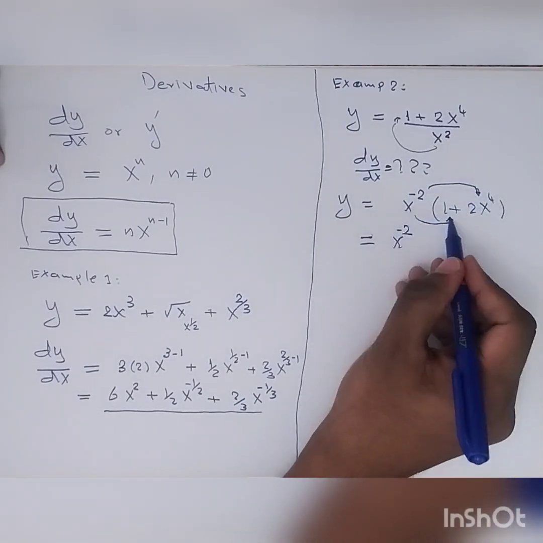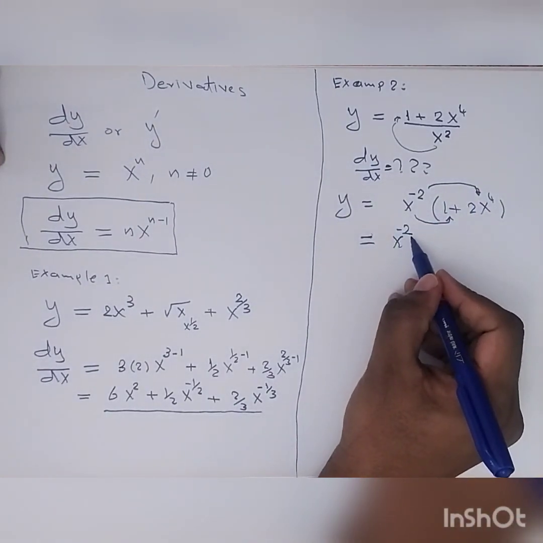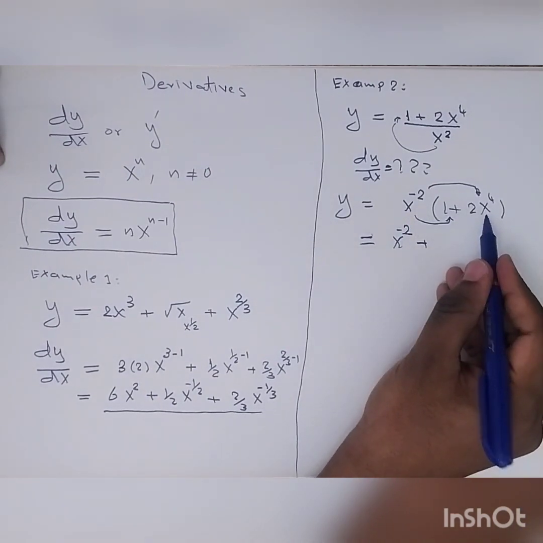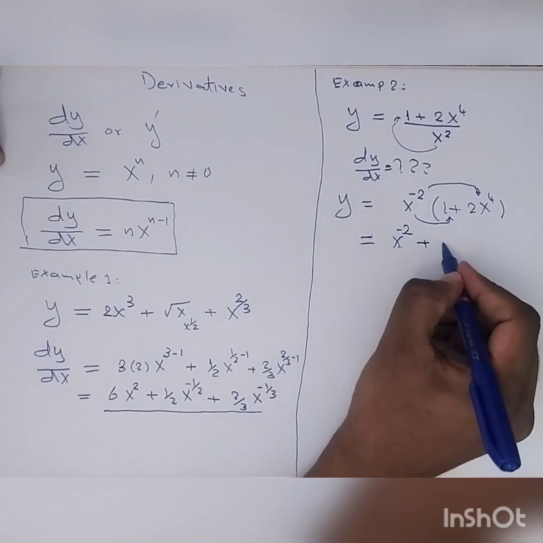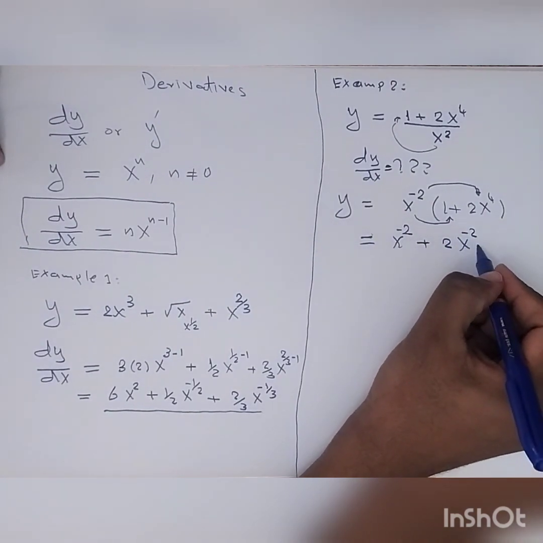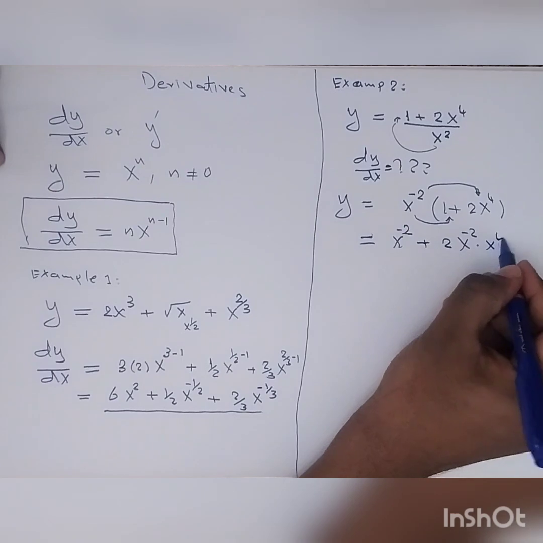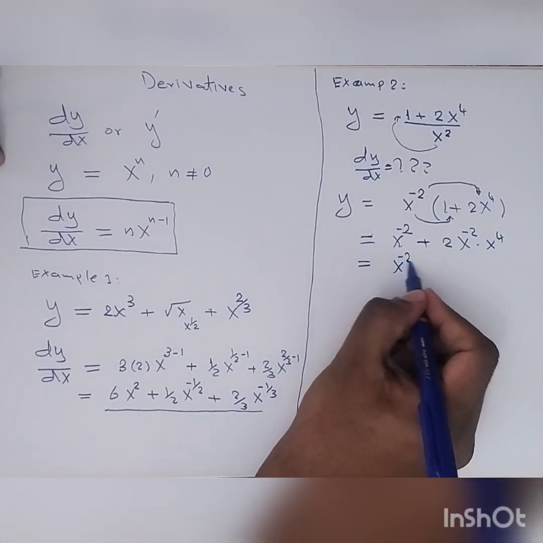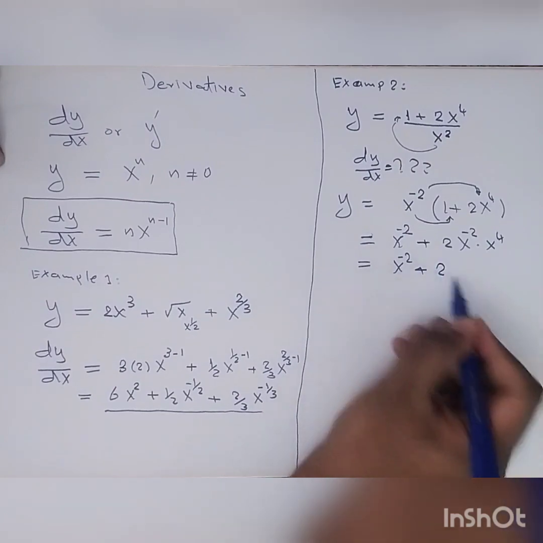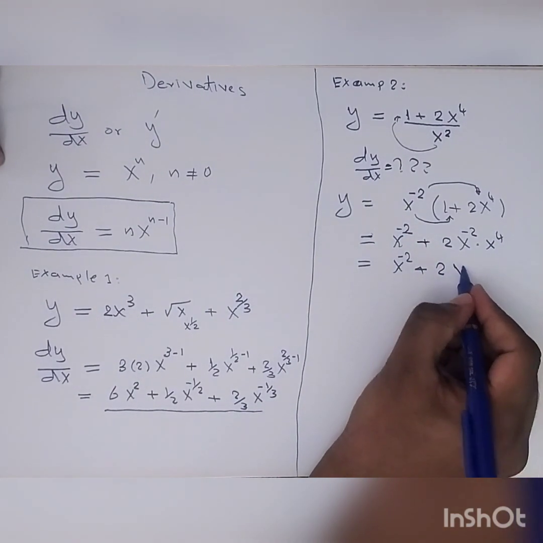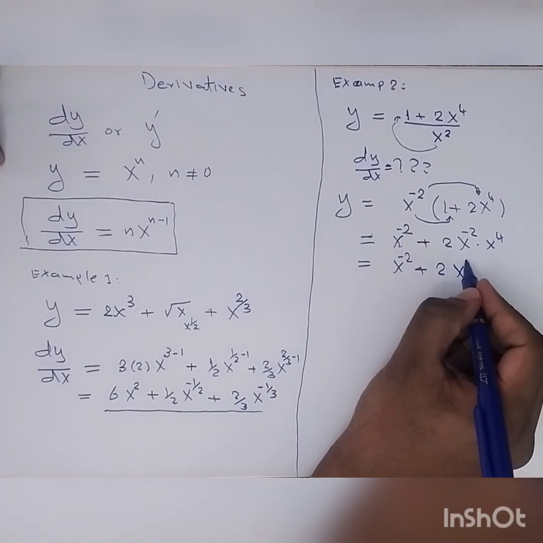When we multiply this by 1, then we get x to the negative 2, plus when we multiply this by x to the power 4, we can do it step by step. So we multiply x to the negative 2 times x to the power 4. Now we know from the exponents, we just write this again here, plus 2. Now we add negative 2 plus 4, which is 2. So that means this is x to the power 2.